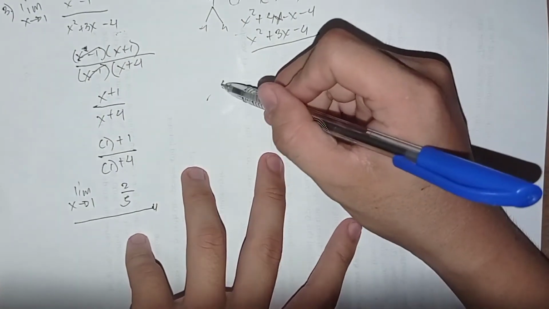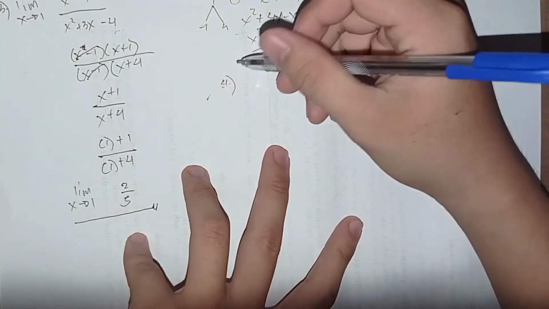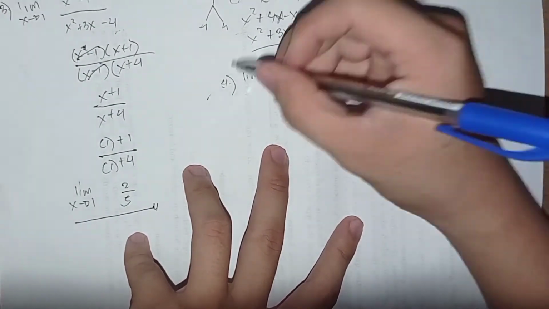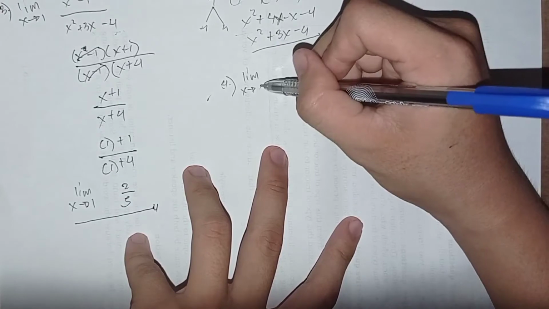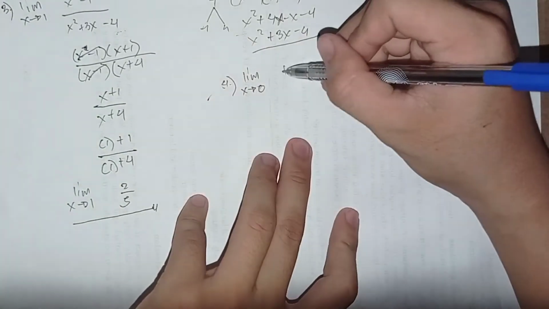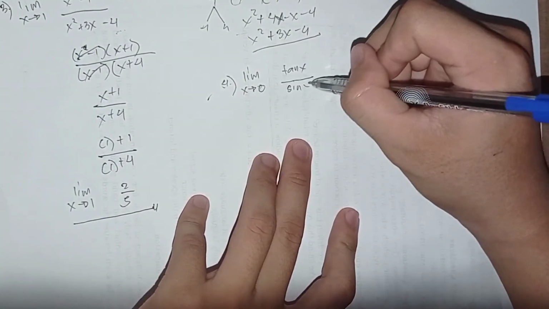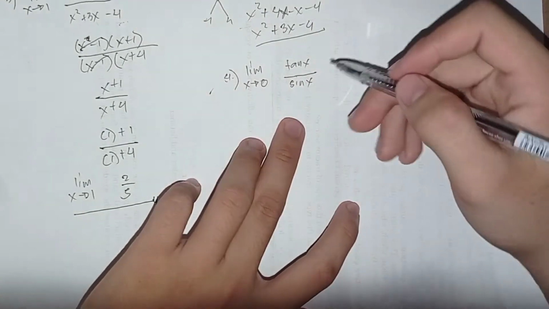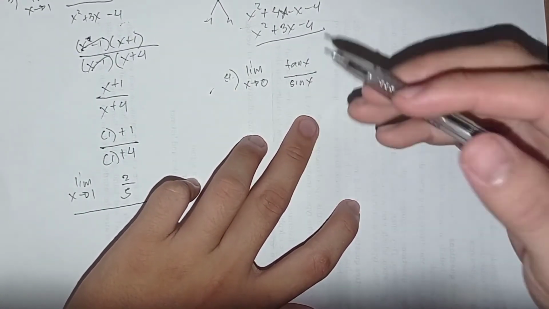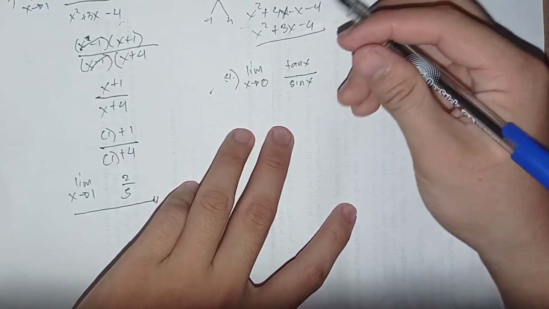Number 4, let's go to trigonometry. The limit as x approaches 0 of tan x over sin x. To solve it, we need the trigonometric identities.